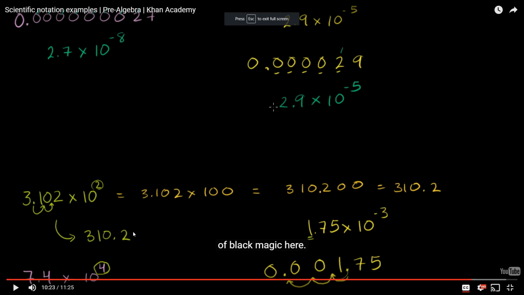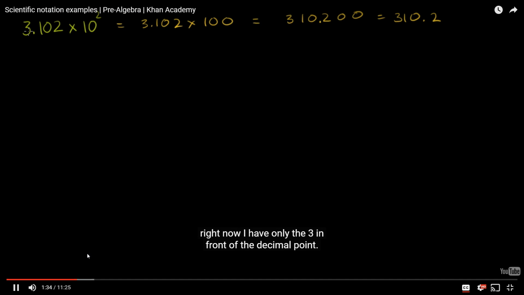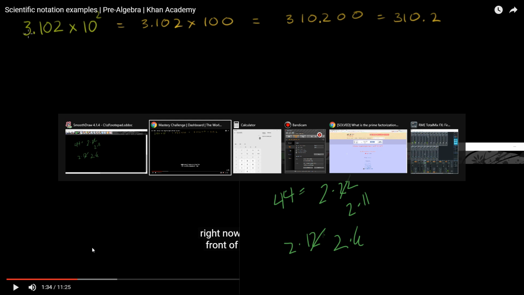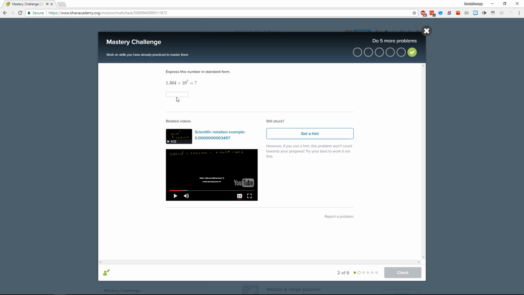Yeah, standard form, I guess, is the opposite of this. I have only the 3. So this is how many places to move the decimal. So 2 over. In front of the decimal point. So we'd go here.